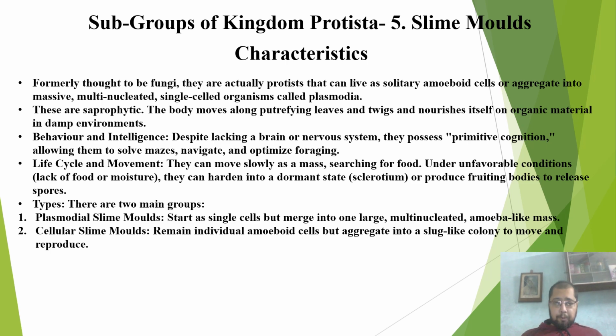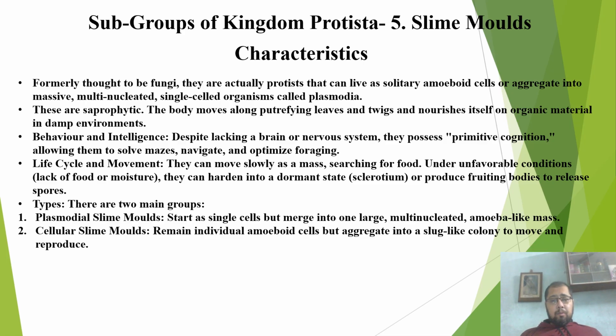They're mainly saprophytic. The body moves around putrefying, that is decomposing, leaves and twigs, and nourishes itself on organic material in damp environments. Now, despite lacking a brain or a nervous system, they possess primitive cognition, allowing them to solve mazes, and even navigate and optimize foraging.